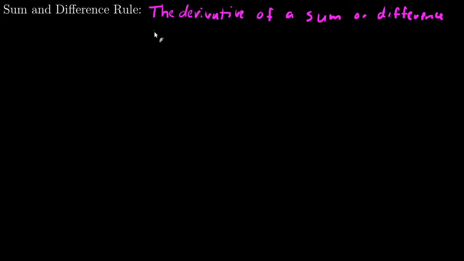Basically, in an English sentence, the sum and difference rule says this: the derivative of a sum or difference is equal to the sum or difference of the derivatives.